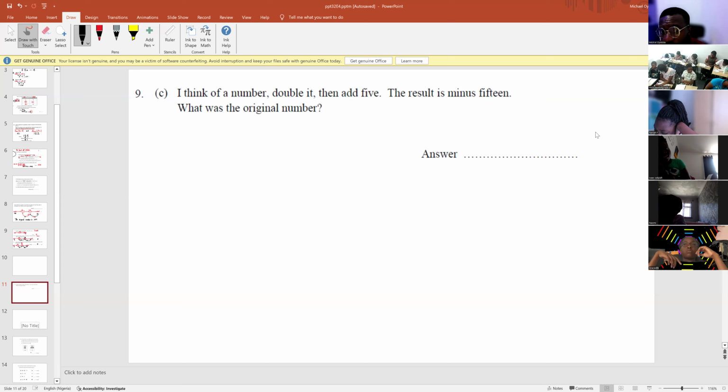What is minus 15 minus 5? Minus 20. Then double it. Instead of doubling, what's the reverse of doubling? You divide it by 2. Minus 20 divided by 2. What would you get? Minus 10.